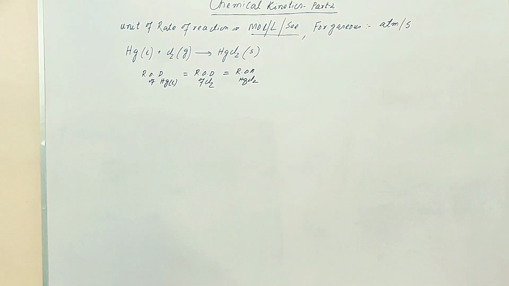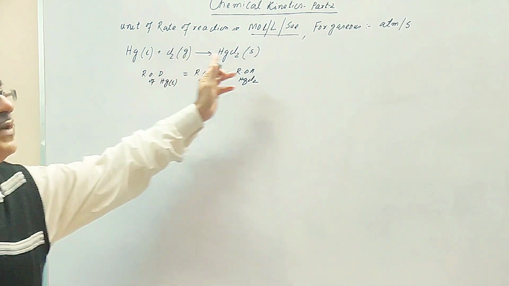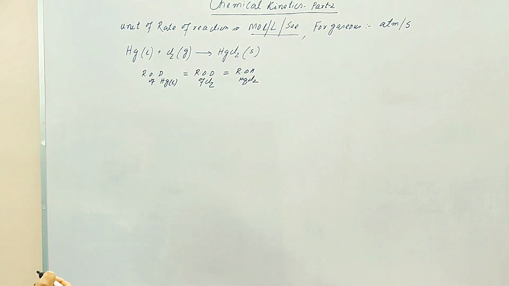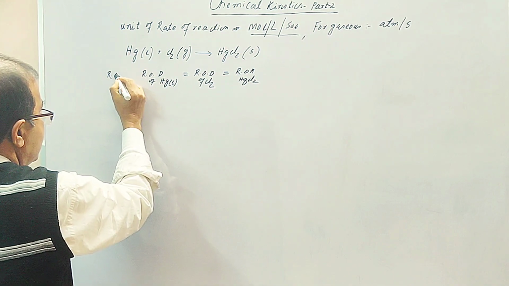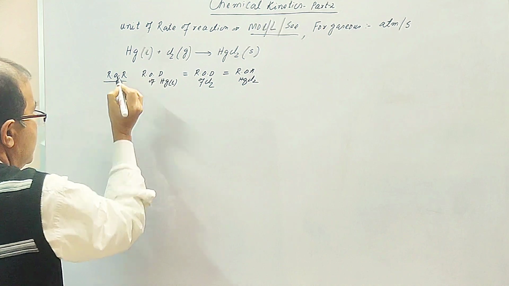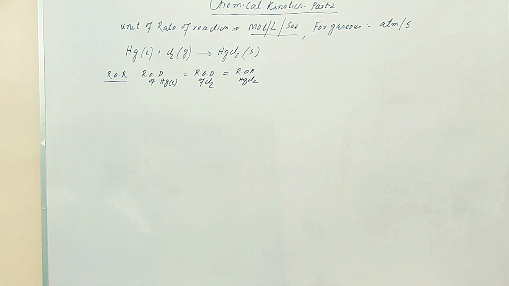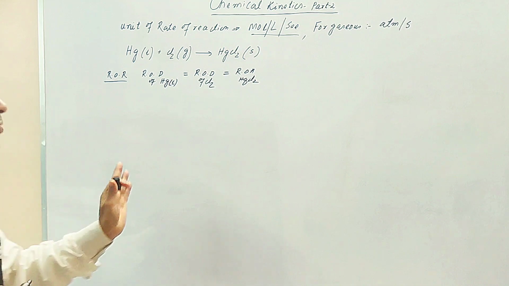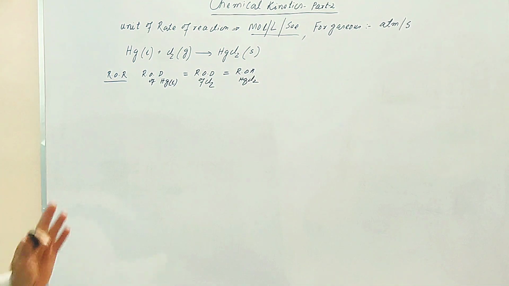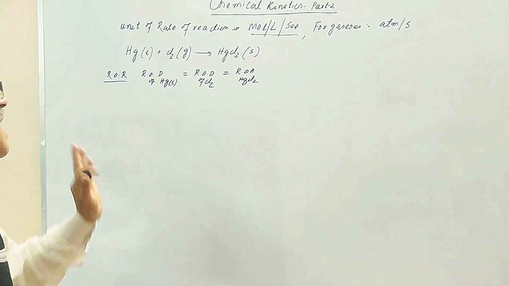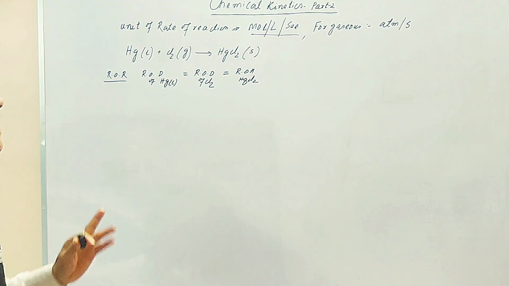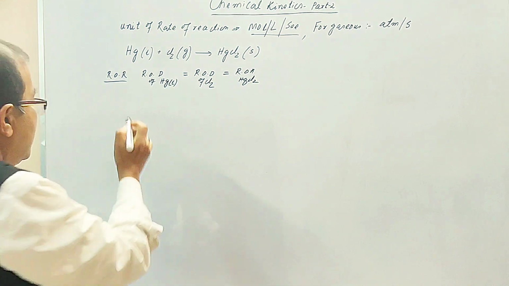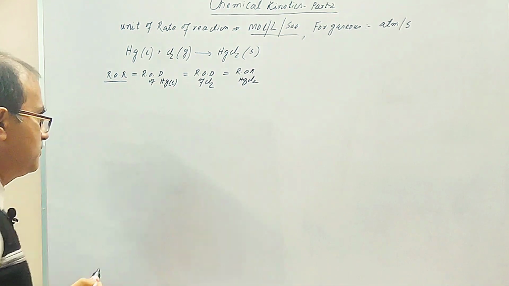Here you can see the stoichiometric coefficients of the reaction are all the same. So in this case you can equate them with the ROR, the rate of reaction. The rate of reaction is equal to the rate of disappearance of the reactant and the rate of appearance of the product. This is a very important point to note.